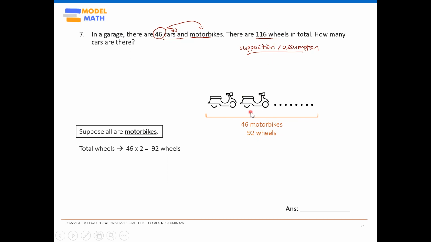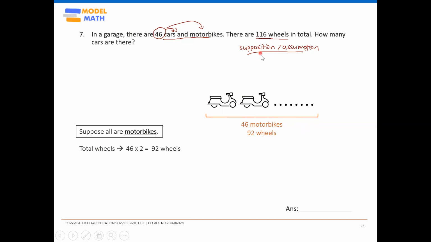So looking at our pretend situation, our 92 wheels currently is not enough. It's too little. So I need to try to bring in more wheels into this diagram so that I can hit 116 wheels.